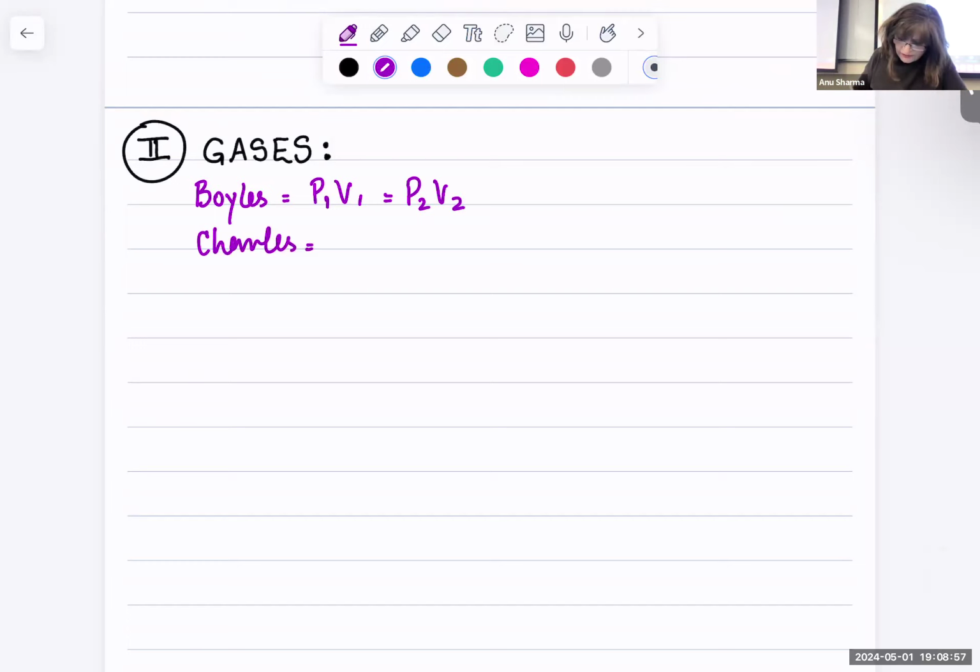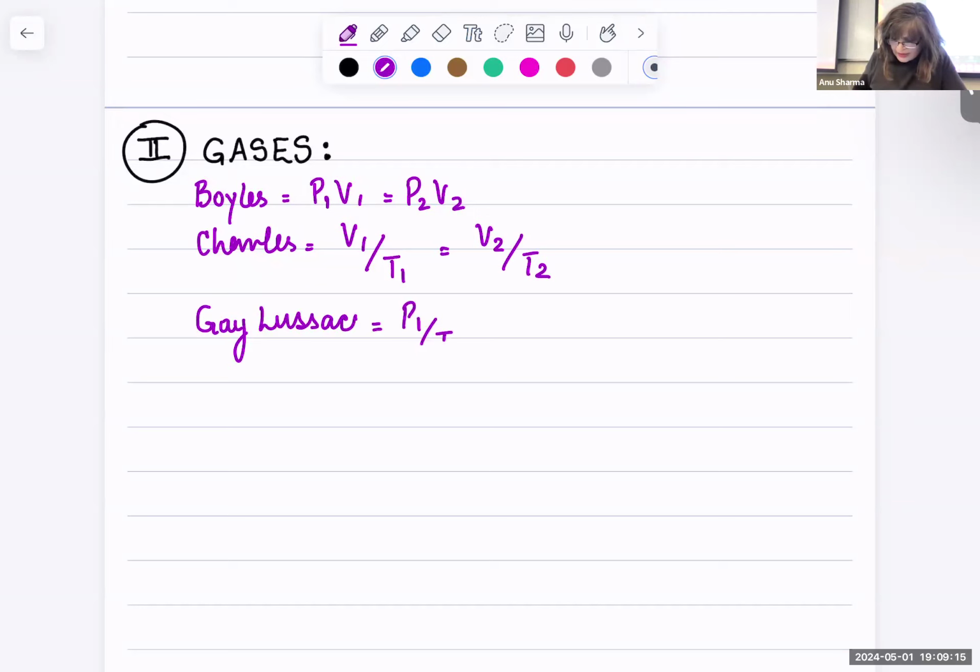Charles's law is V1 over T1 equals V2 over T2. Then Gay-Lussac's law is P1 over T1 equals P2 over T2.